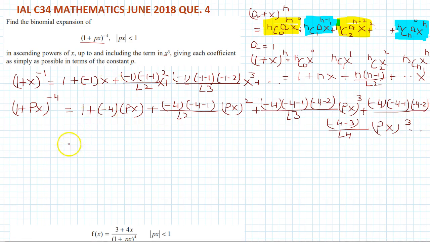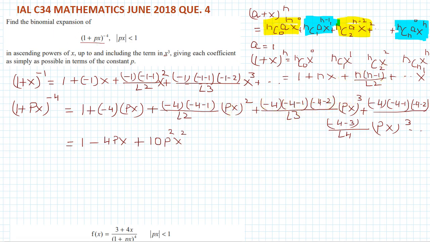So that is equal to 1 minus 4px, then minus 4 times minus 5, that is plus 20, divided by 2, that is 10p squared x squared.